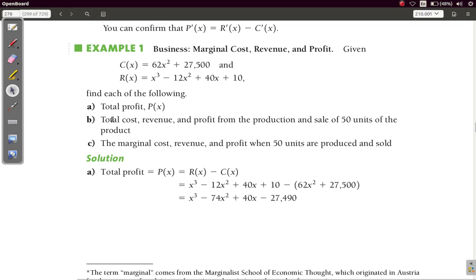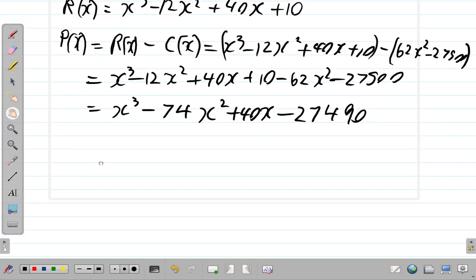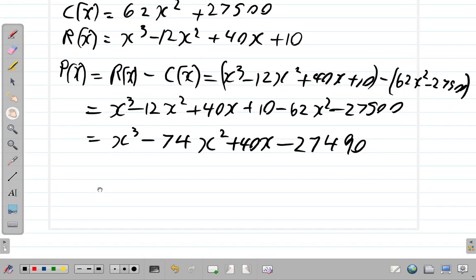Next thing, you must find the total cost, revenue and profit from the production of 50 units of the product. Alright, so what you need to find now is, you have C of X, but now you want C of 50.